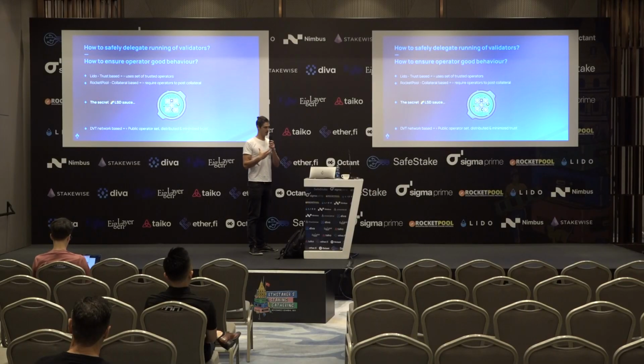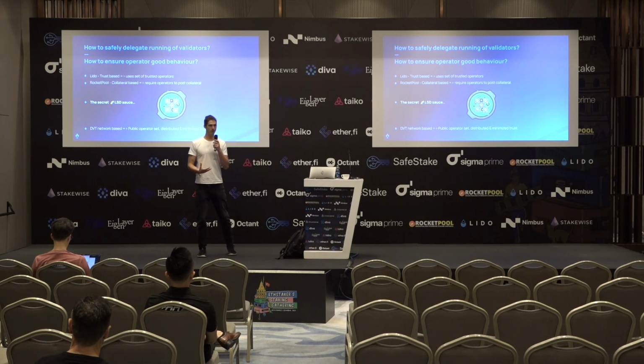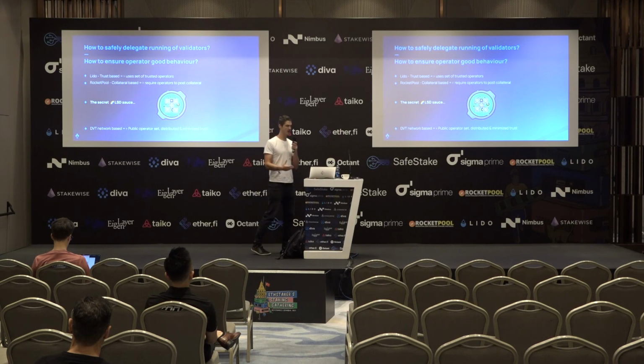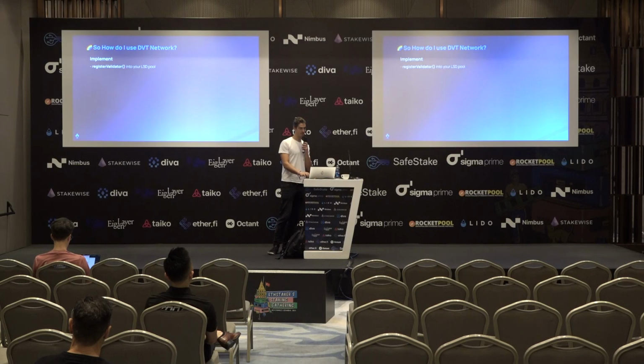So this is kind of the background. This is what it enables. Now the question from the perspective of the builder, of a developer, is: okay, I'm sold, but how do I start building? How do I integrate with the DVT network? And basically, it's as simple as this.